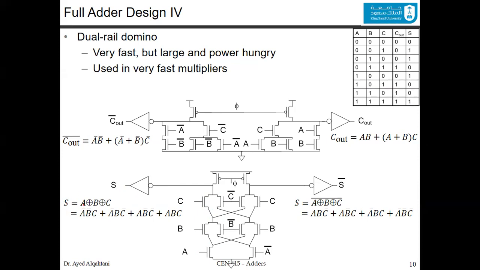So this is S, A X or B X or C, and these are the 4 min terms that represent the ones in the S. These are the min terms.